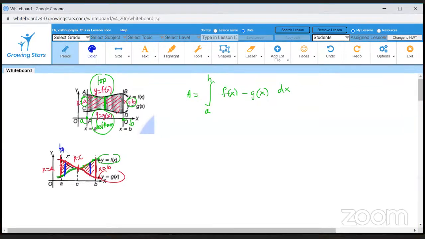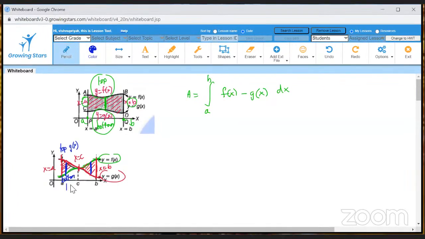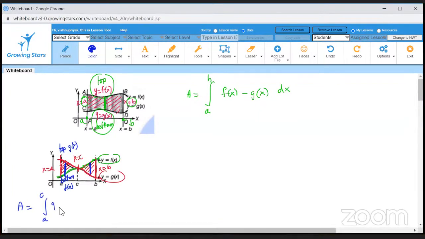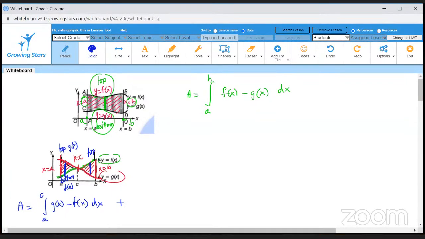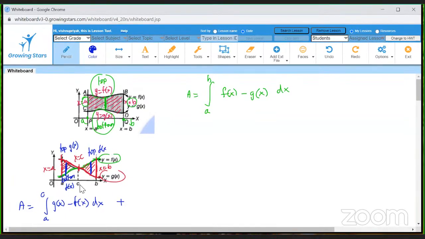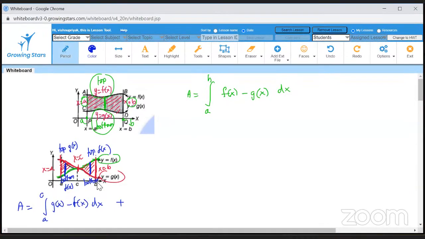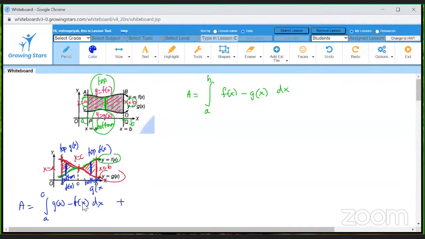Here, the top curve is g of x and the bottom curve is f of x. So when I find the area, integral a to c on the x-axis, I will take top minus bottom dx, plus the second part. Here the top is f of x and the bottom curve is g of x.